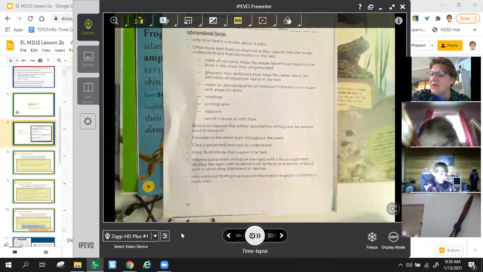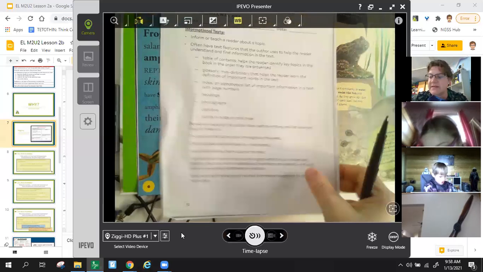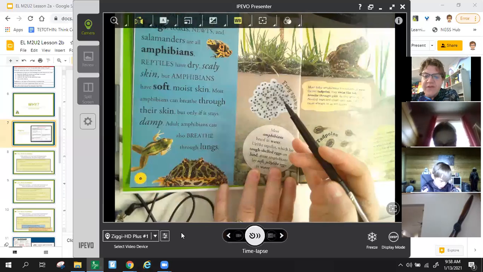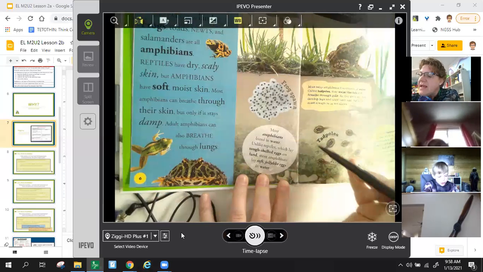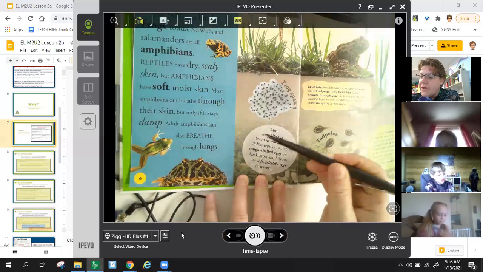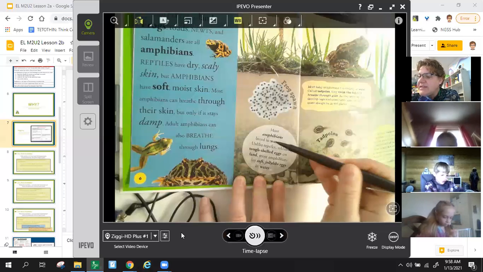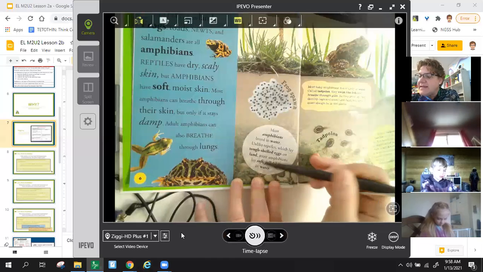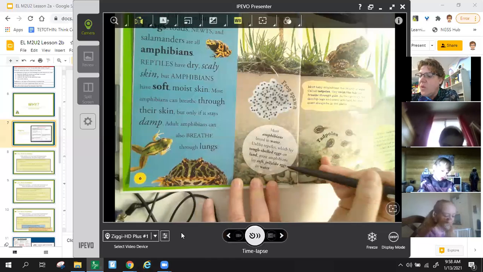I didn't quite get to this at the end of yesterday's assignment, so I wanted to point it out today. So if you go back to the section we finished with at the end of yesterday, it says most amphibians breed in water. Unlike reptiles, which lay tough-shelled eggs on land, most amphibians lay soft, jelly-like eggs in water.